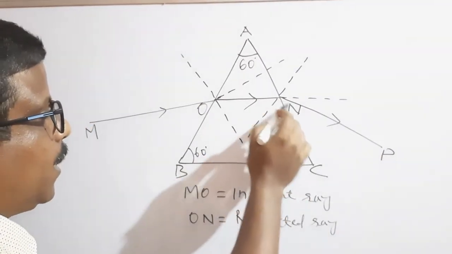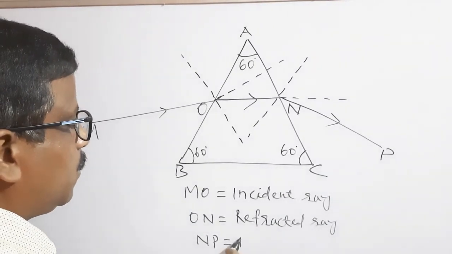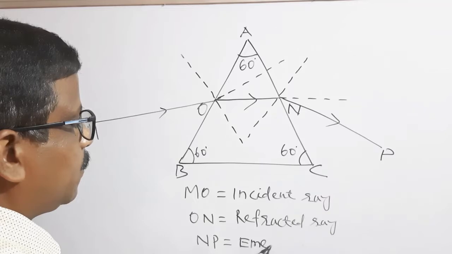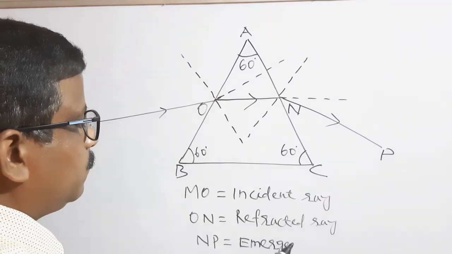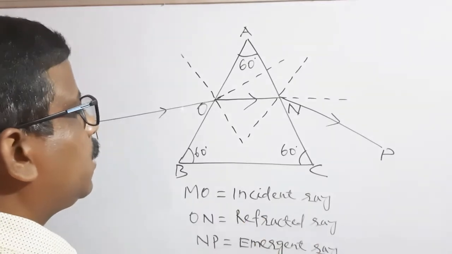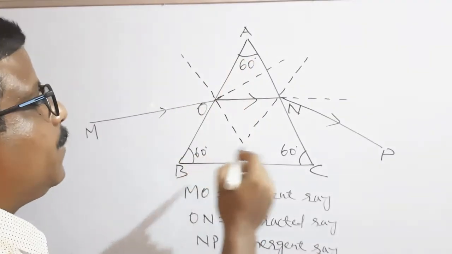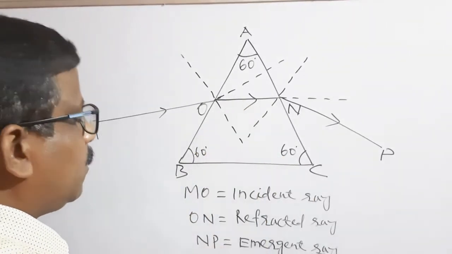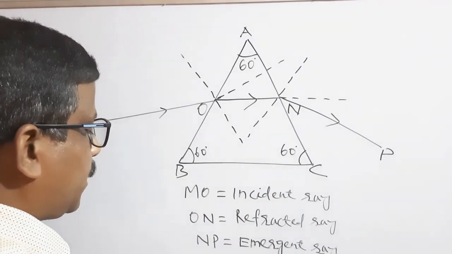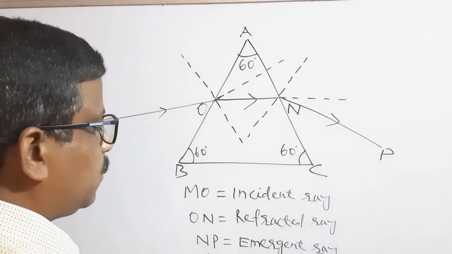Then NP is called the emergent ray. Understood? Now this angle A, or angle B or angle C, is the angle of the prism. We can write angle A is the angle of the prism.